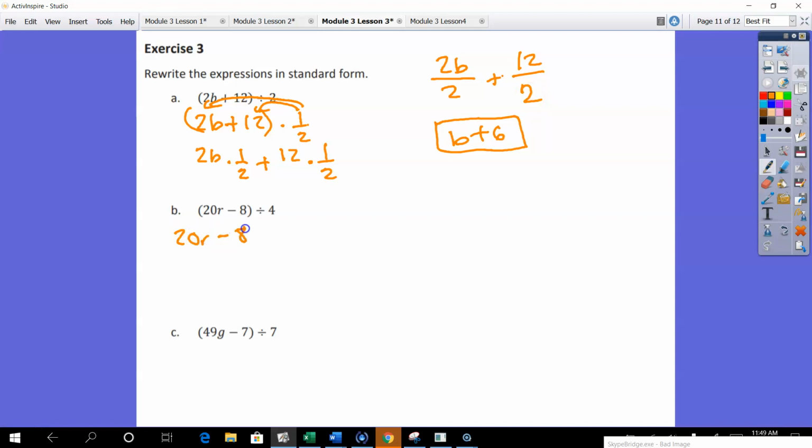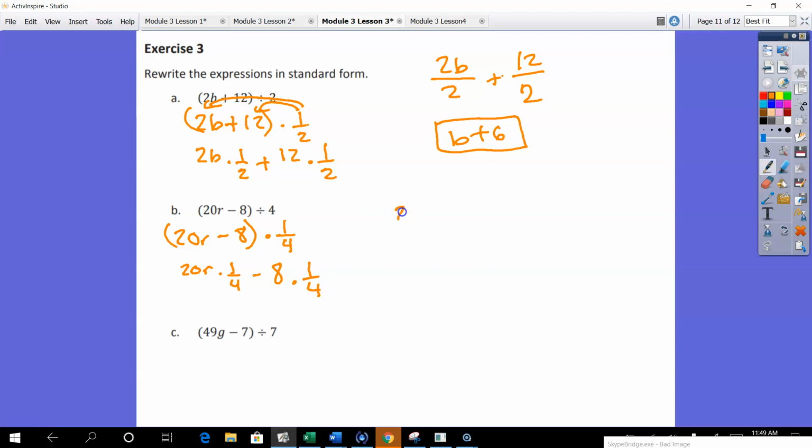Okay, 20r minus 8 times 1/4. So 20r times 1/4 minus 8 times 1/4.